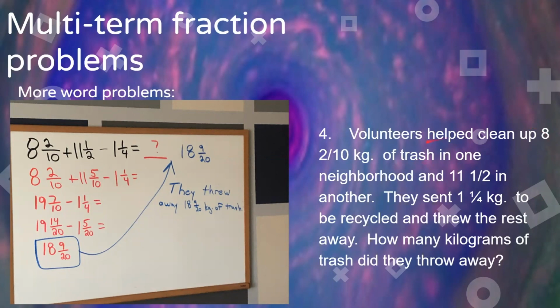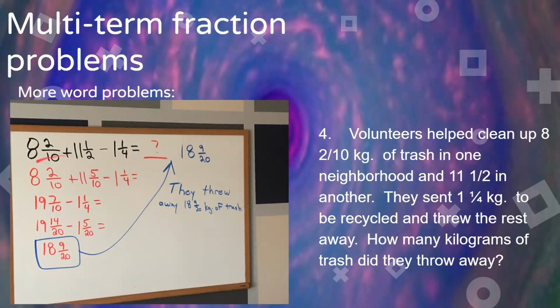And what did we know? We knew 8 and 2/10 kilograms of trash and 11.5 kilograms of trash is what they collected. But we have to remember that they were able to send 1.25 kilograms away to be recycled. So our question is, how many kilograms of trash did they throw away?